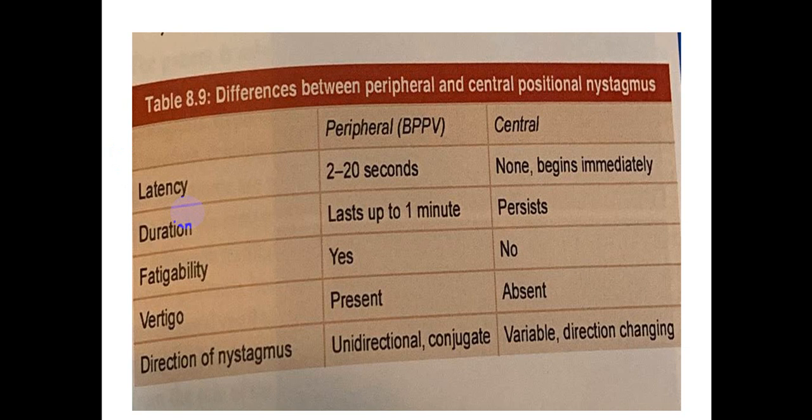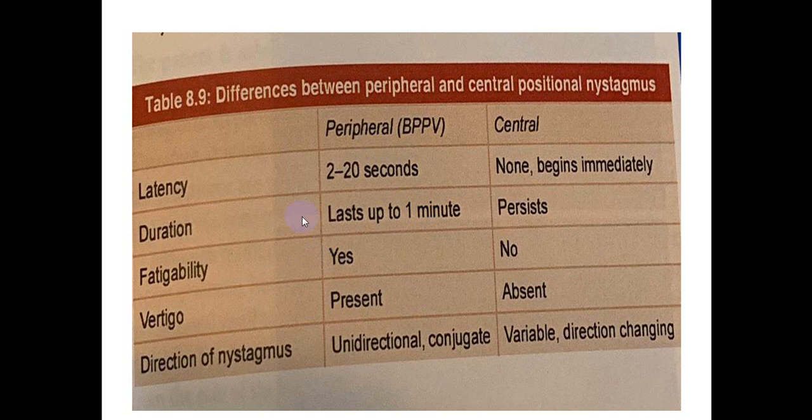So the characteristic findings of nystagmus of benign paroxysmal positional vertigo are: number one, latency of about 2 to 20 seconds. يعني النستاغموس يتأخر إلى حد 20 ثانية أو أقل إلى أن يبدأ مو فورا. Second, duration of nystagmus lasts up to 1 minute, less than 1 minute.